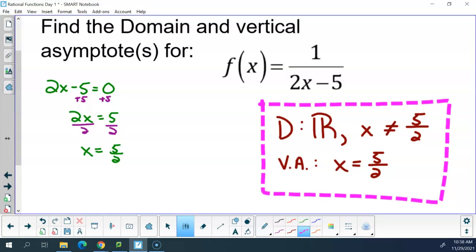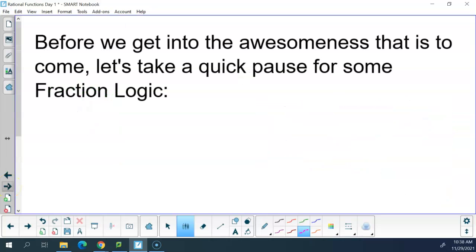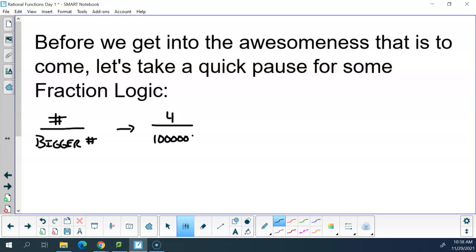Okay. Now, let's talk logic here. We have to talk a little fractional logic. So we're going to make you think today, tomorrow, and Wednesday. If I take some number and I divide that by a bigger number, like if I take 4 and divide it by 1,000,000, is that number going to be big?